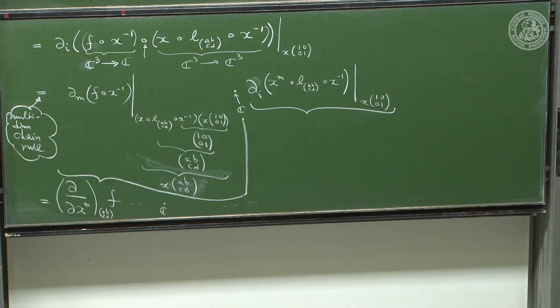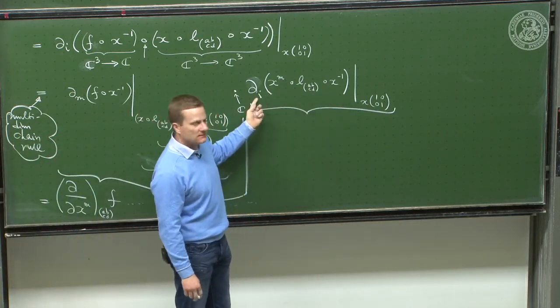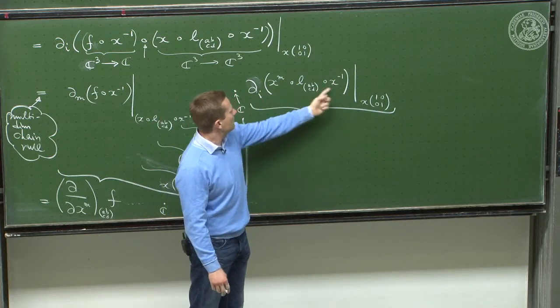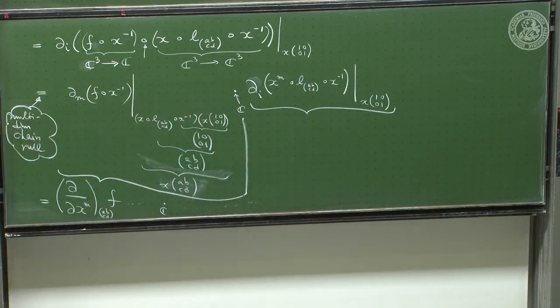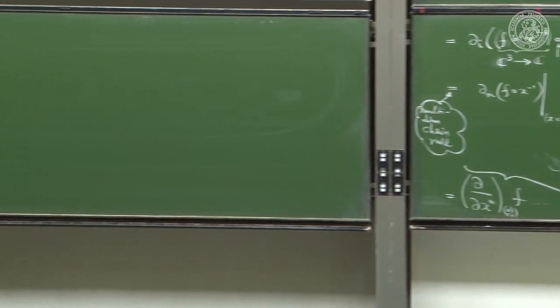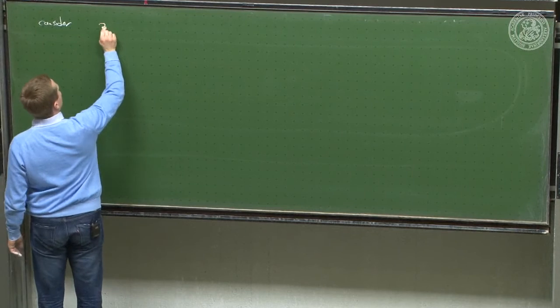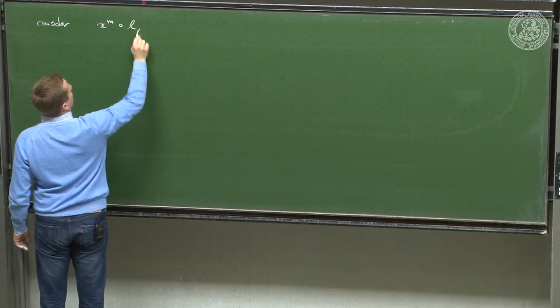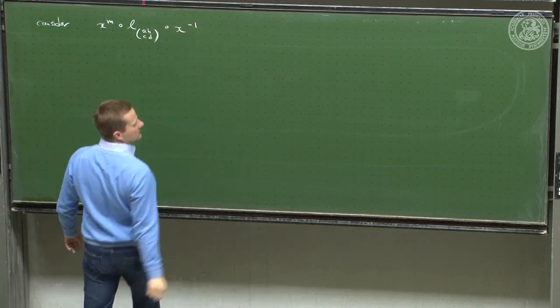Yeah, we should evaluate this too. And how do we do this? Well, before we can take the derivative of this map, we should maybe write down this map. Okay, so consider xm after L, A, B, C, D after x inverse, is that right?